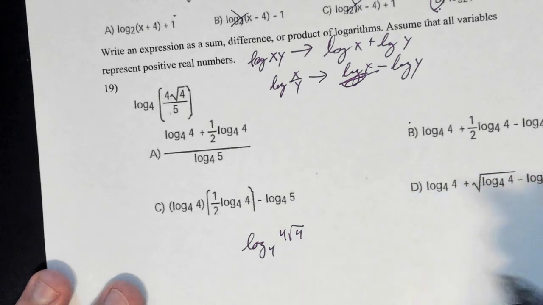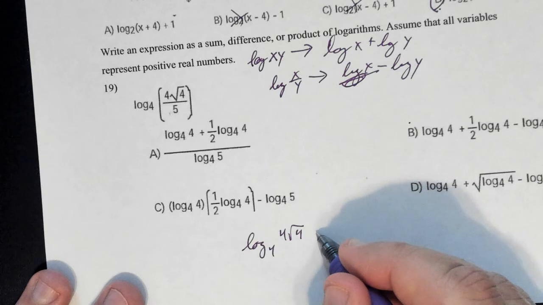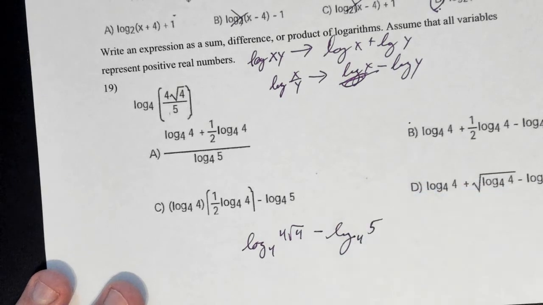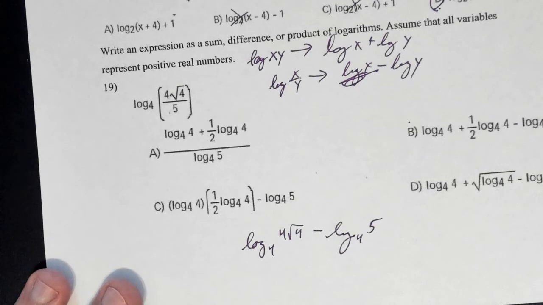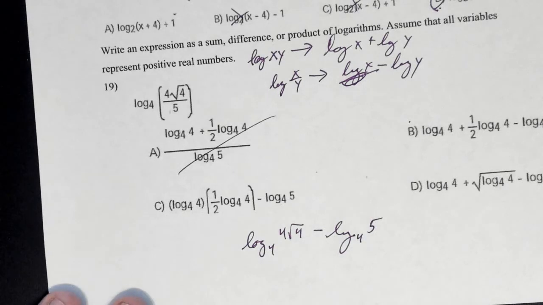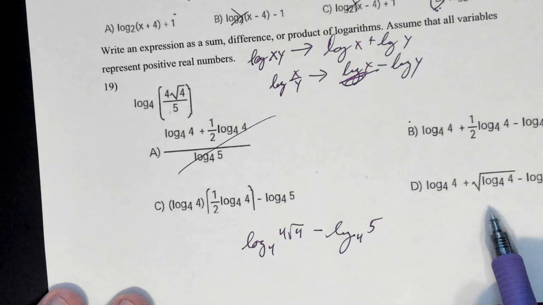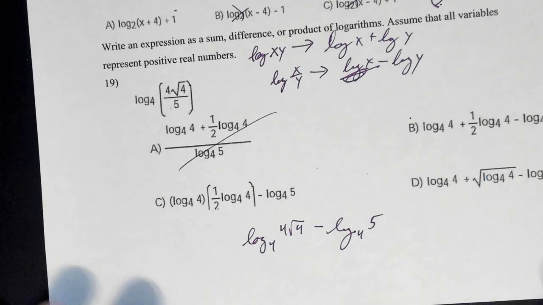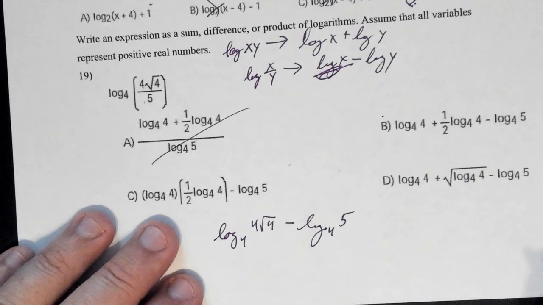Which is log base 4 of 4 minus log base 4 of 5. Okay, so that's got the last one here. Trying to see which way they went with this. Oh, I would have done this a totally different way than the answer key, but I see the answer there.